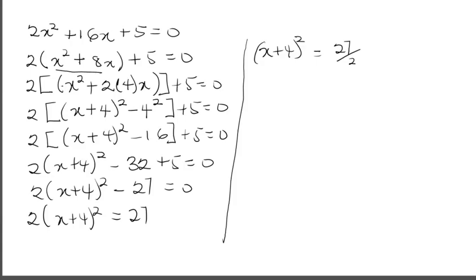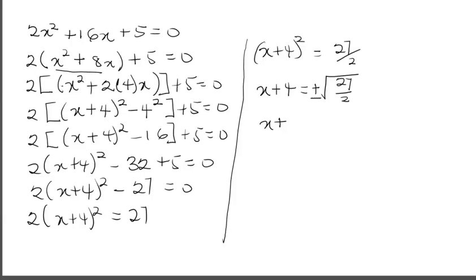We need the value for x. So square root on both sides. That gives us x plus 4 is equal to square root of 27 over 2. Let me put the positive or negative here.